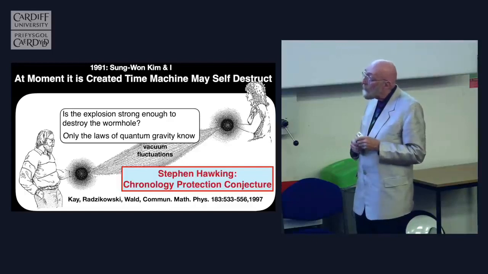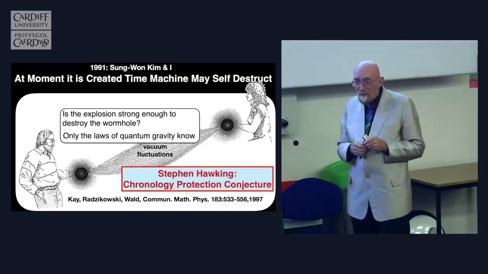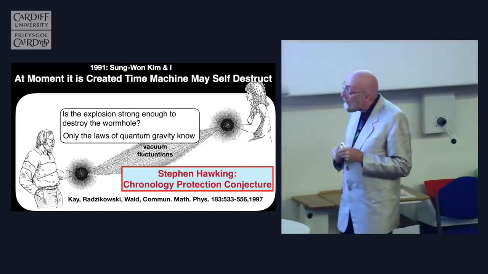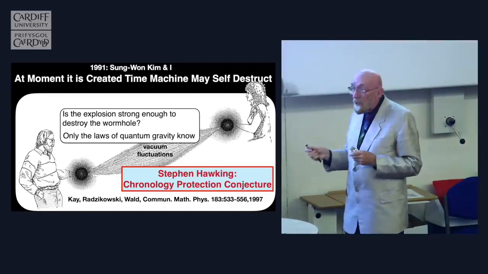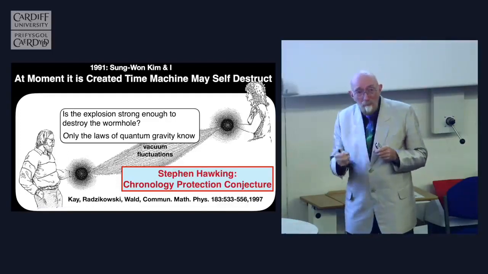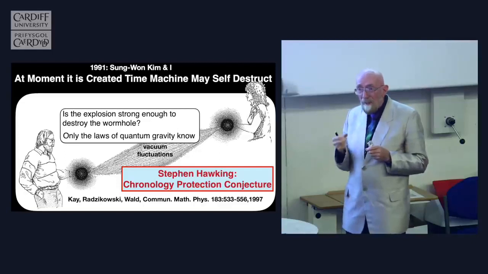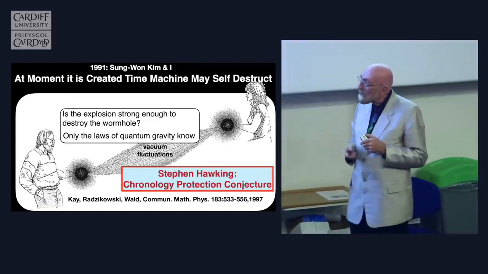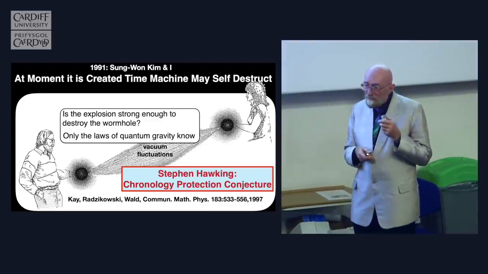Stephen then proposed the chronology protection conjecture because he was so sure that the explosion is going to be totally destructive, that the time machines will always self-destruct when you turn them on, keeping the universe safe for historians. And that's his phrase in this technical paper, whose title is the chronology protection conjecture.